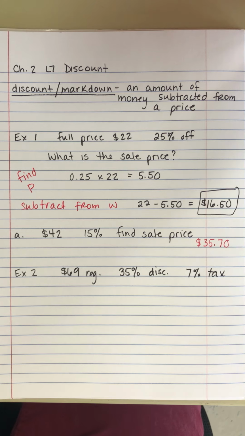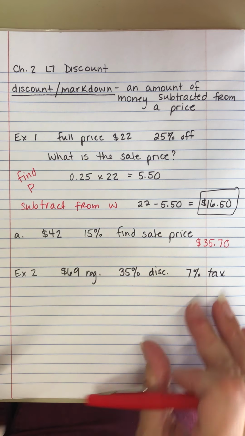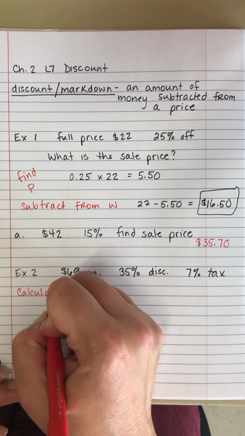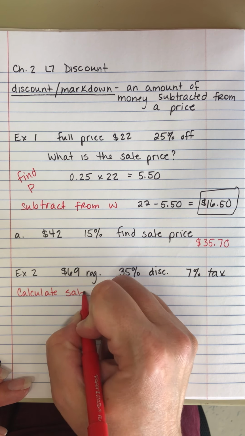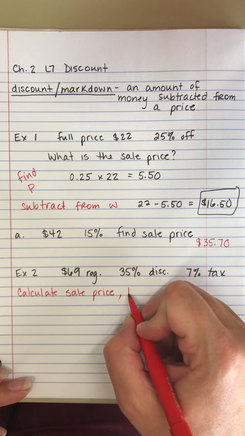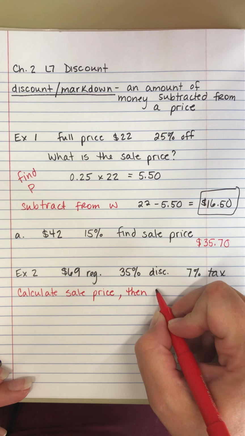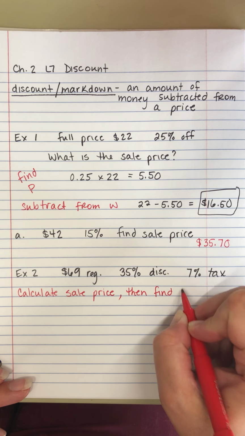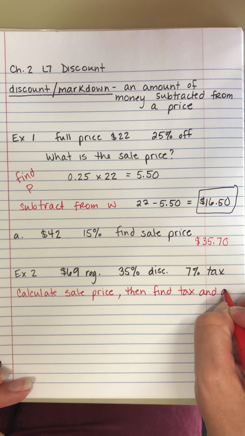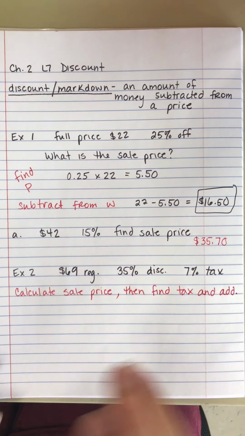I have to calculate the discount before I can add the tax on. So I'm going to write that down. Calculate sale price, then find tax and add, right? Because tax is an amount that's added on.